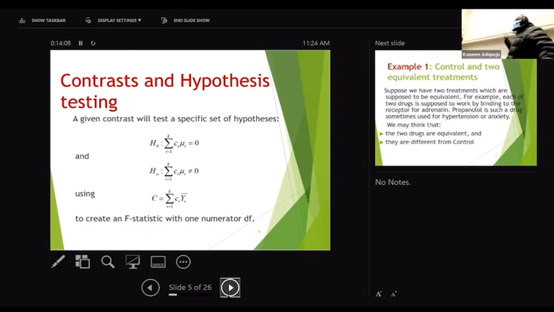Before I go into the example here, I'm going to use an example that I know most of you are familiar with. Take a look at this.